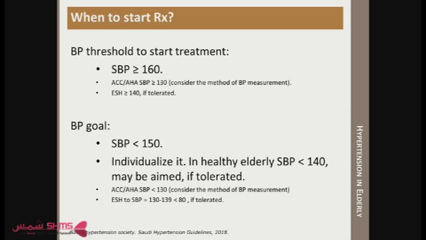Really, in SHEMS, we are still sticking to considering medications once systolic blood pressure reaches 160. If it is less, we have to be very careful to start pharmacological medications. However, the non-pharmacological approach is the number one place to start.